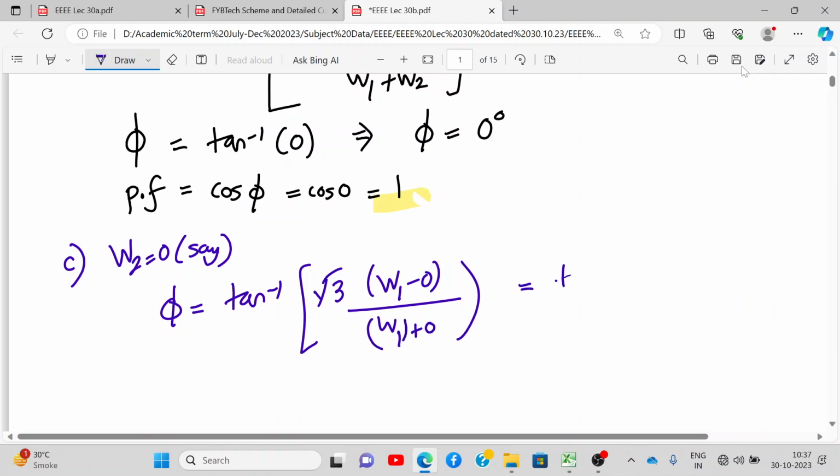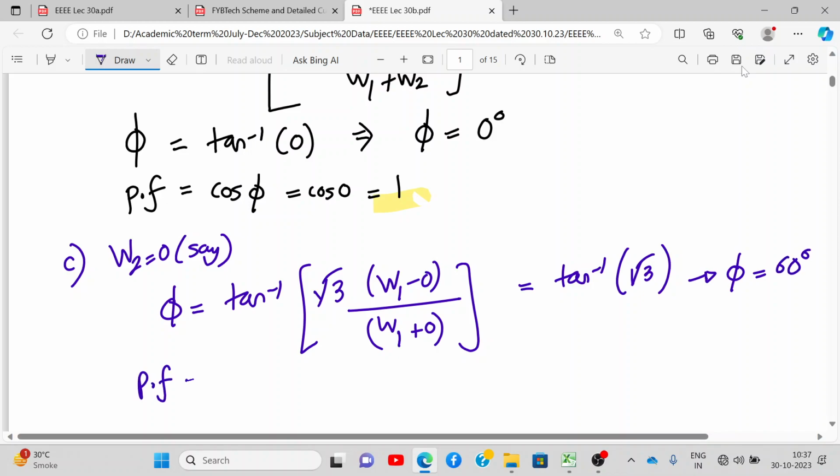So what will you get over here? Tan inverse of root 3. What is tan inverse of root 3? Phi will be 60 degree.